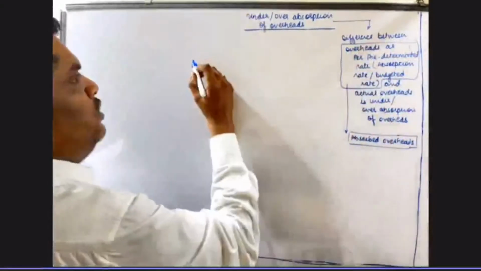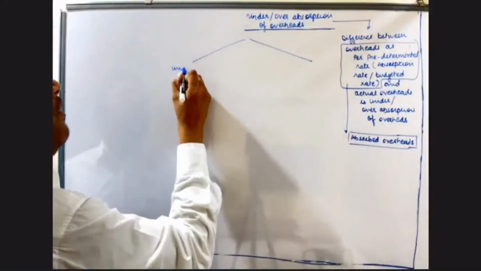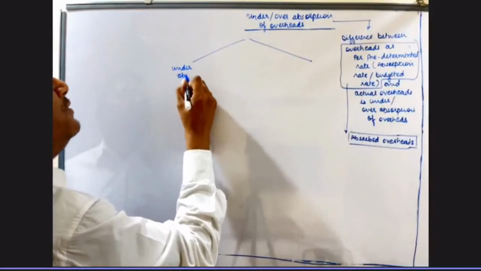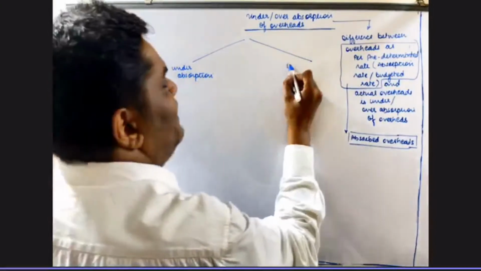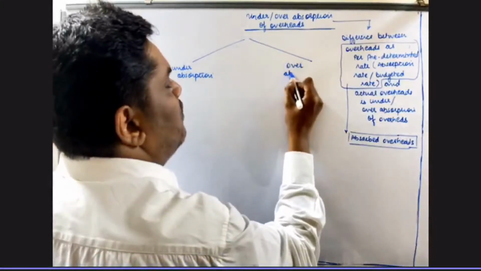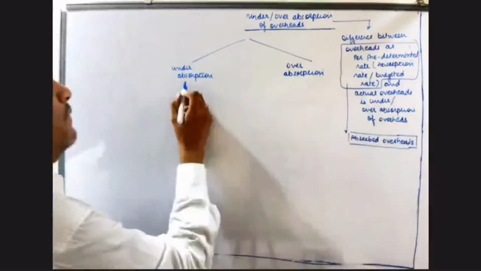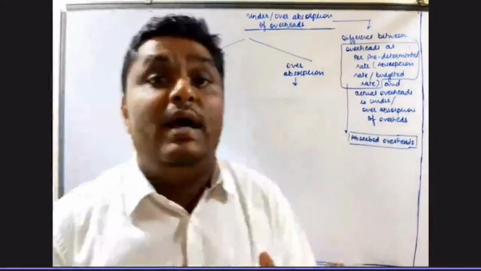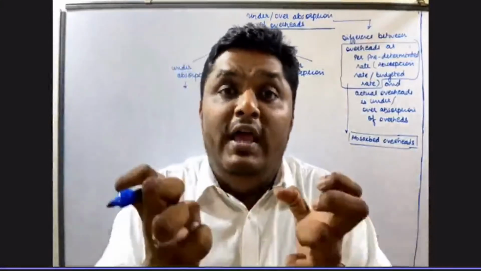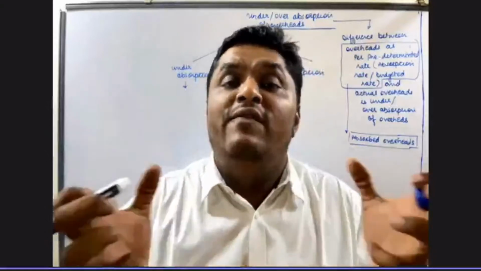So two situations are possible, wherein the first is under absorption and the second is over absorption. Now the name itself says under absorbed. It means what? If the overheads absorbed are less than actual overheads, we can say it is under absorbed.